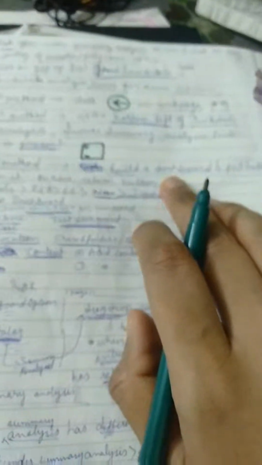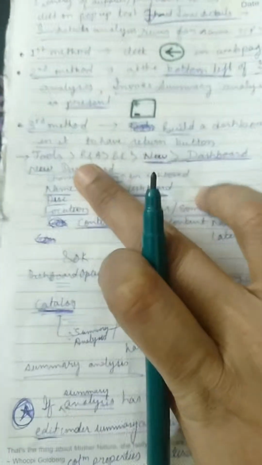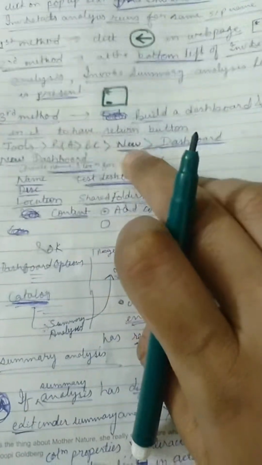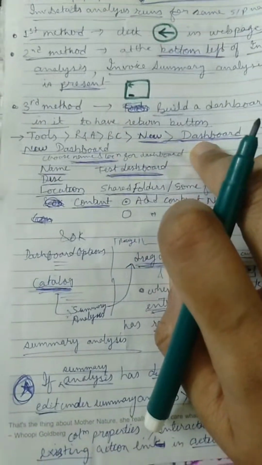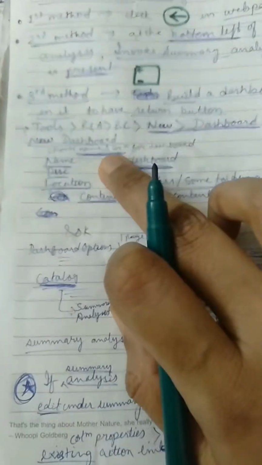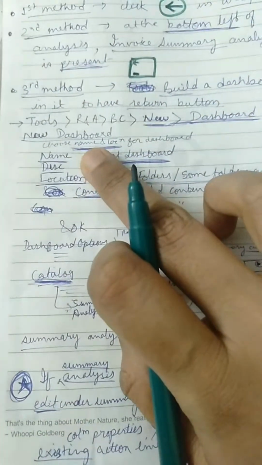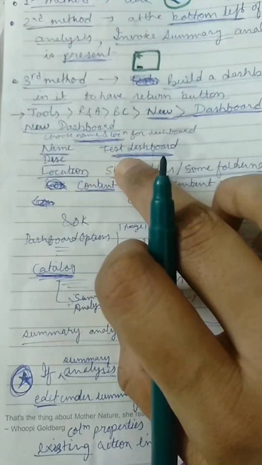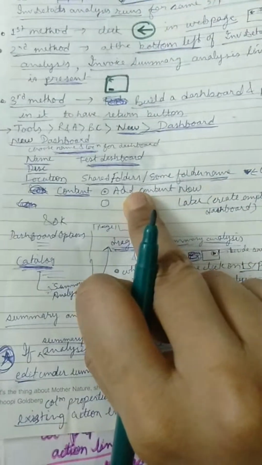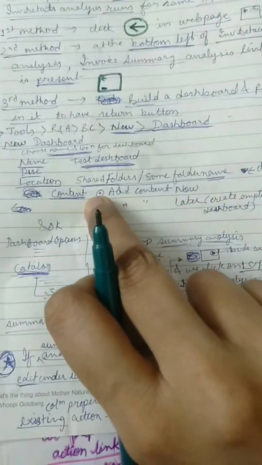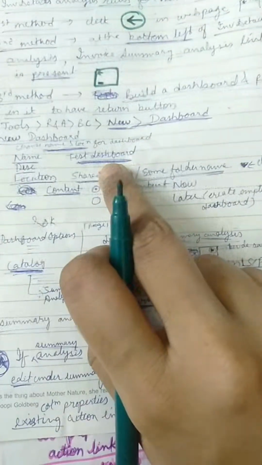Third method is, we can build a dashboard and put both of them in it to have a return button. So how do you do it? Tools, reports and analytics, browse catalog, go to new and click on dashboard. A new window opens. Now choose the name and location for the dashboard, and I have given the name as test dashboard.